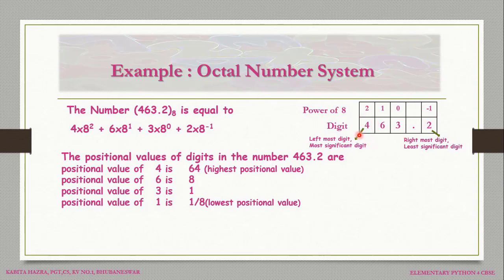So this digit 4 is the most significant digit as it has the highest positional value, and this rightmost digit is the least significant digit as it has the least value. So in this number 463.2, the positional value of 4 is 8 power 2, of 6 is 8 power 1, of 3 is 8 power 0, and of 2 is 8 power minus 1.